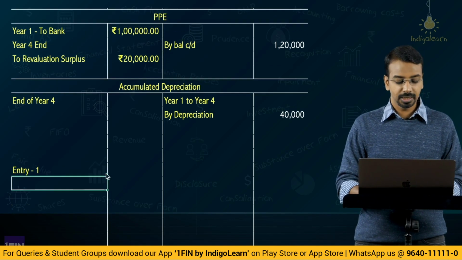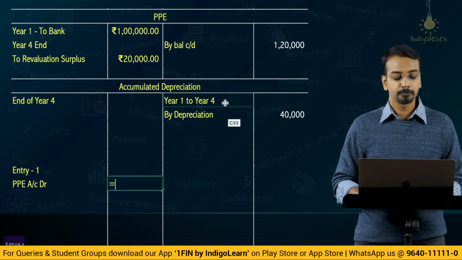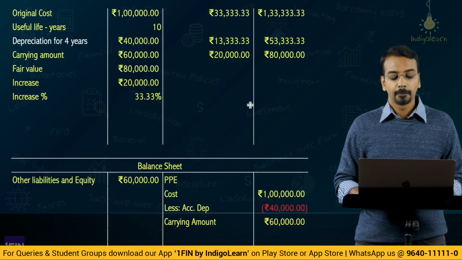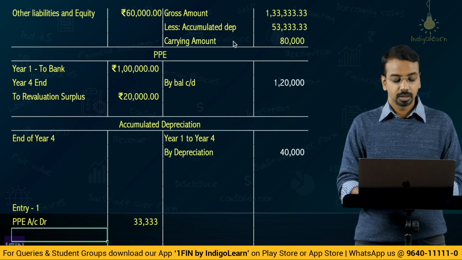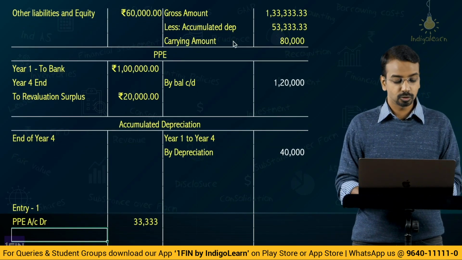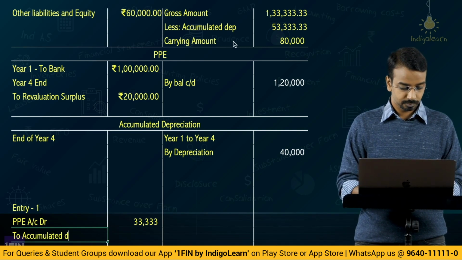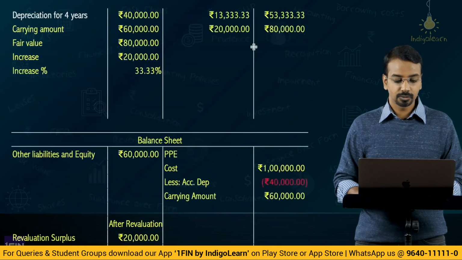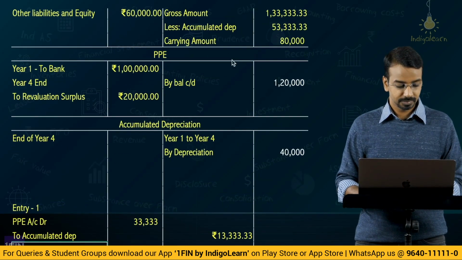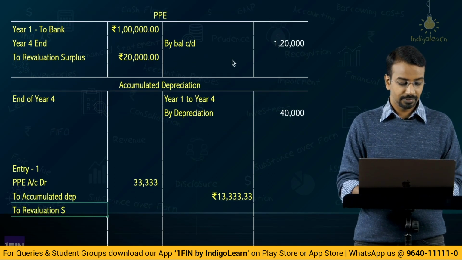You have increased the PPE, so PPE account debit by how much? By 33,333. We have increased the accumulated depreciation, so to accumulated depreciation by 13,333 to revaluation surplus.